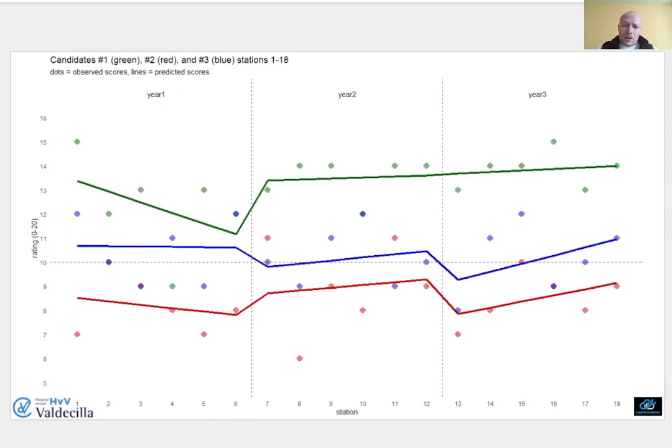Now, there are several ways to statistically model these data, and I have publications on each of them if they are of interest. The first model, which you see here, is a piecewise linear time series model, which is becoming more common in single case designs, which we also use here at Virtual Hospital Valdecilla, with quantitative outcomes, and that models the time series, the serial correlation in the data, through either a first order autoregressive or a first order moving average component.